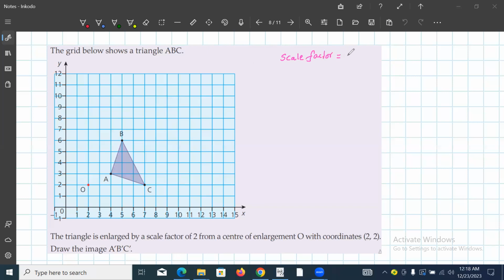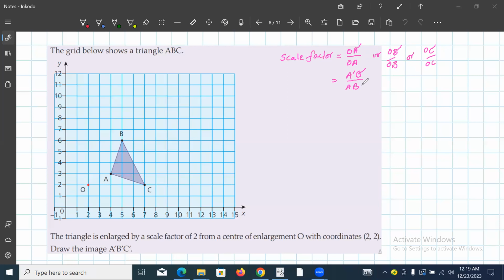Scale factor, we say, OA dash, meaning center to one of the corners of the enlarged shape, divided by center to object. It can be OB dash over OB, or OC dash over OC, or we can say A dash B dash, the corresponding length of the image, divided by the length of object AB.